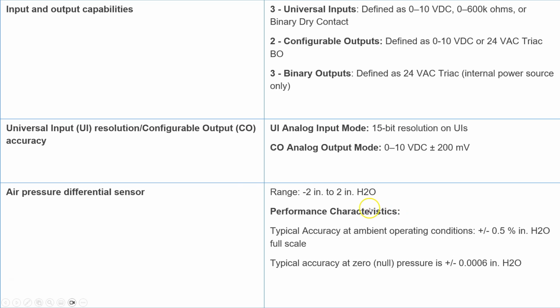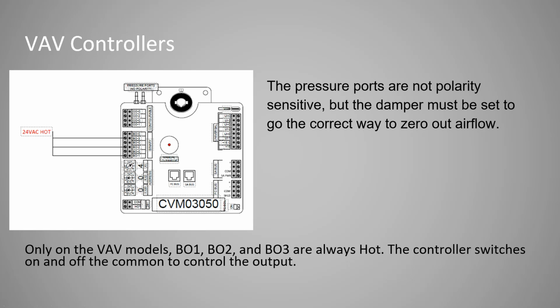Inputs, outputs, we talked about that. They all come with air pressure differential sensors on there now. You can't get it without. It's all standardized now. Now, on the VAV controllers only, BO1, BO2, and BO3 are always outputting 24 hot. So as soon as you power up this controller right here, this hot is going to jump over to here, here, and here.